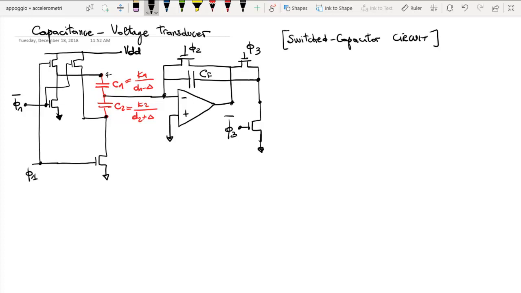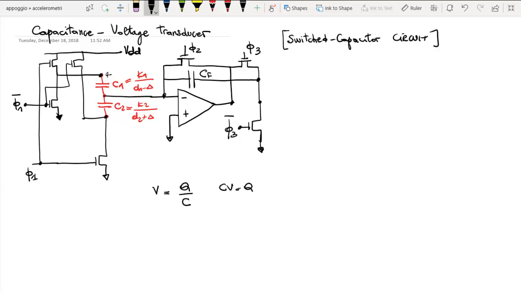What we are doing is exploiting the fact that in a capacitance the voltage is equal to the charge over the capacitance, or CV is equal to Q in general.